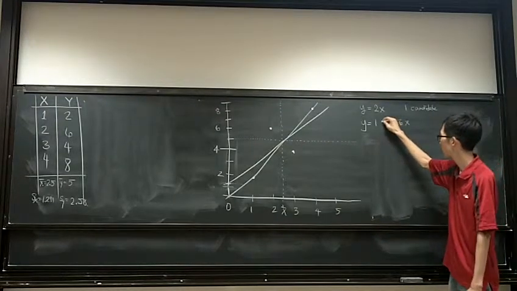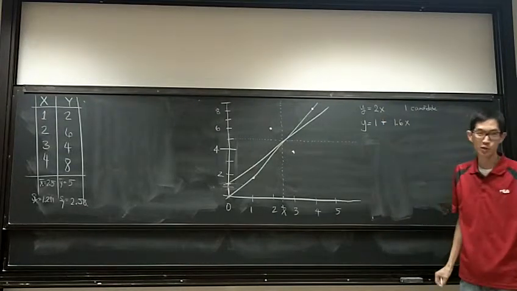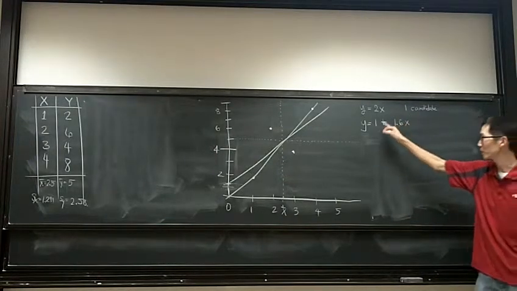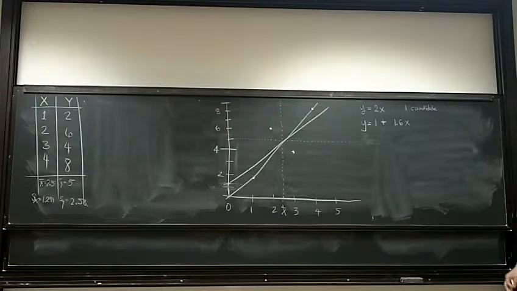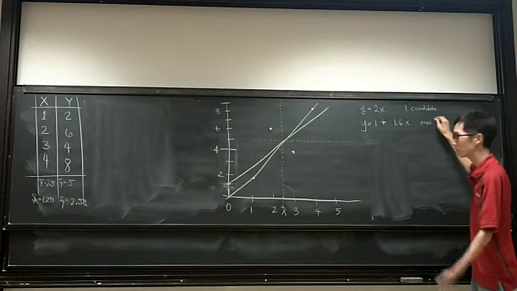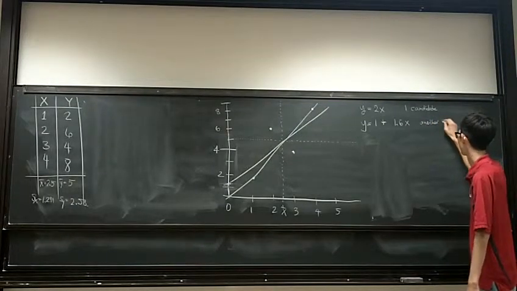I know you guys are probably used to the form y equals mx plus b, but I put the intercept first and then the mx part afterwards, and we'll get into that in a moment. So this is another candidate, okay? That one seems also reasonable.